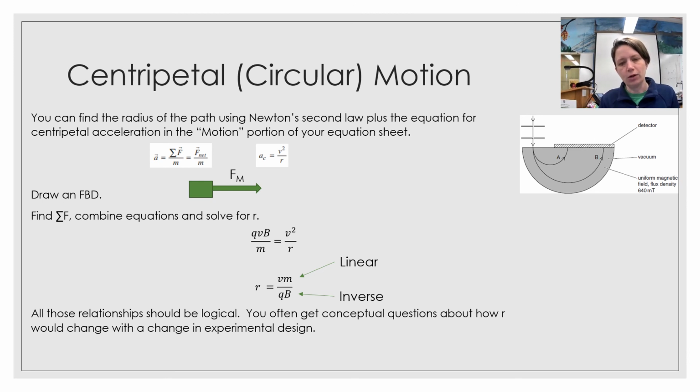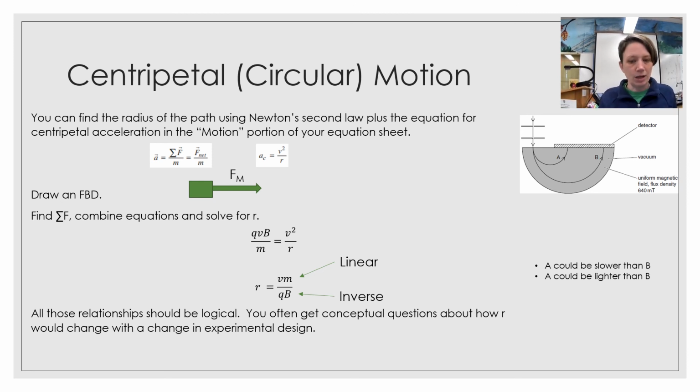So for example, in that picture shown, you might easily get a question about what could be the difference between particle A and particle B. Given all these relationships, particle A has a smaller radius. That means it could be slower than B because there's a linear relationship between velocity and r. If we're going slower, we're going to turn in a smaller radius for the same force.